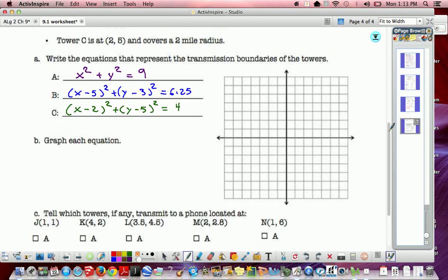So now, on the first one, I'm at 0, 0, but I have a radius of 3. So to the right 3, up 3, down 3, to the left 3. Do my best to draw myself a pretty good circle here.